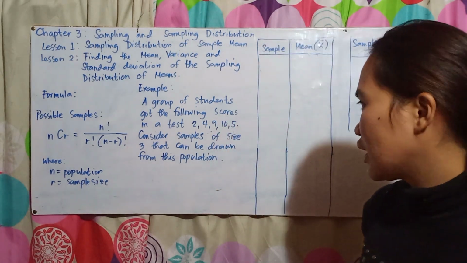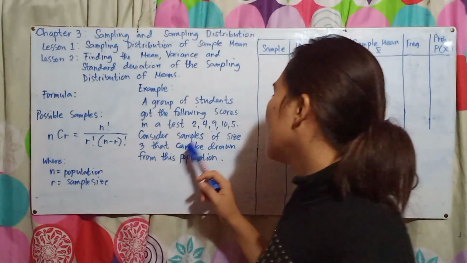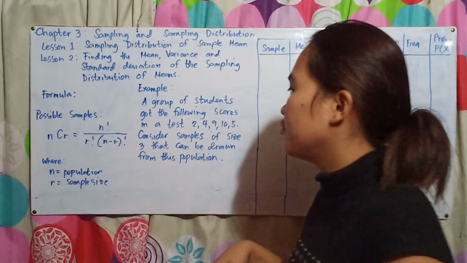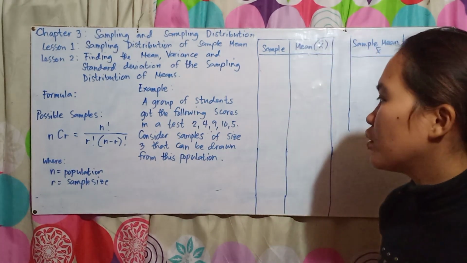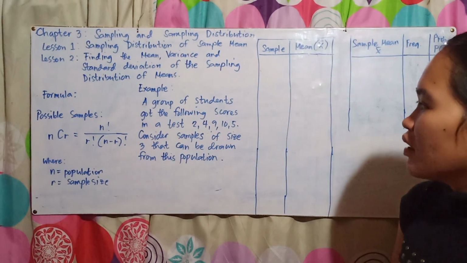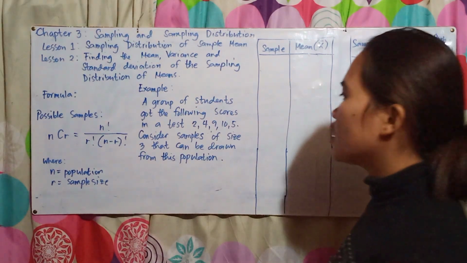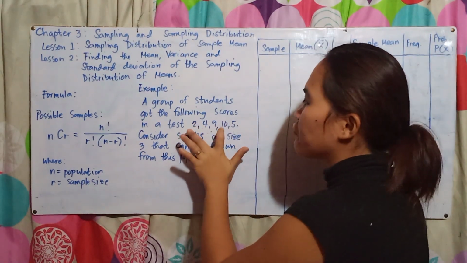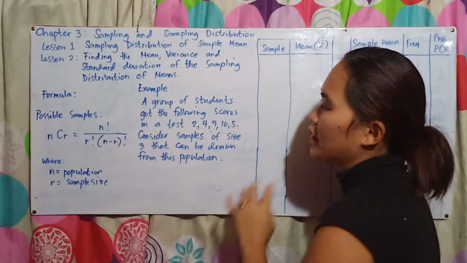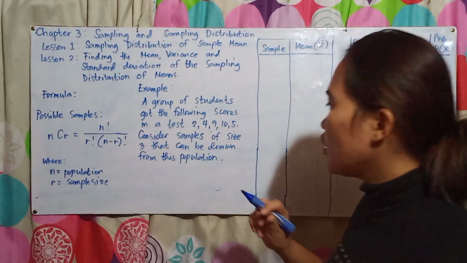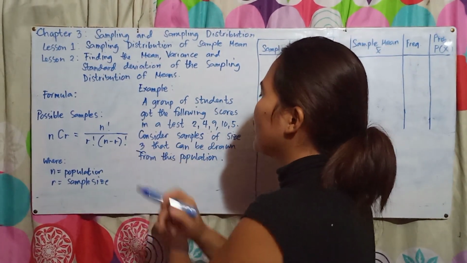Example: a group of students got the following scores in a test. What are their scores? 2, 4, 9, 10, and 5. Consider samples of size 3 that can be drawn from this population. Out of 5 scores, you group them into a sample size of 3.